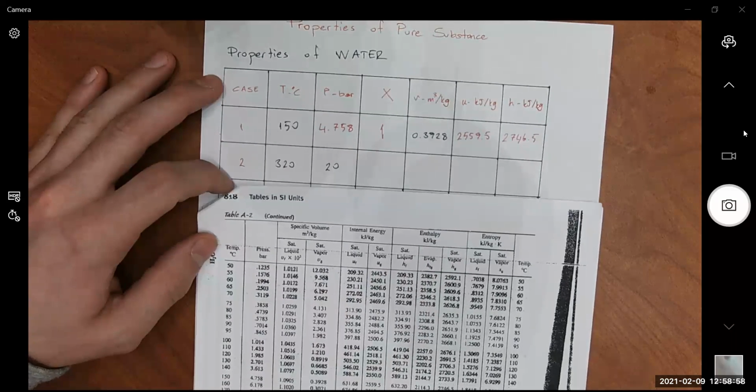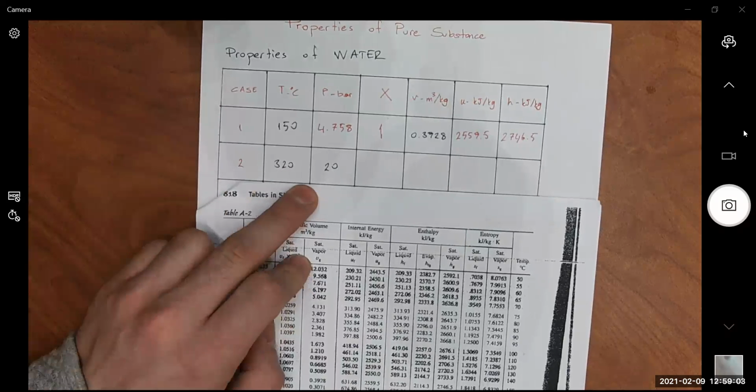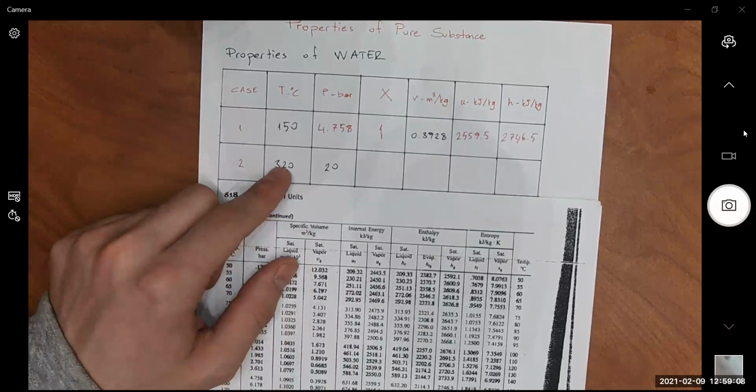All right. Second case. I'm given temperature and pressure. Okay? 320 Celsius, 20 bar.